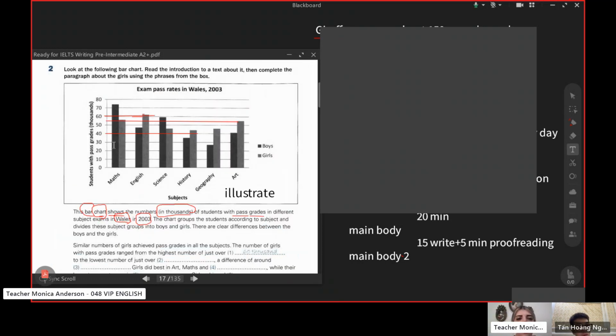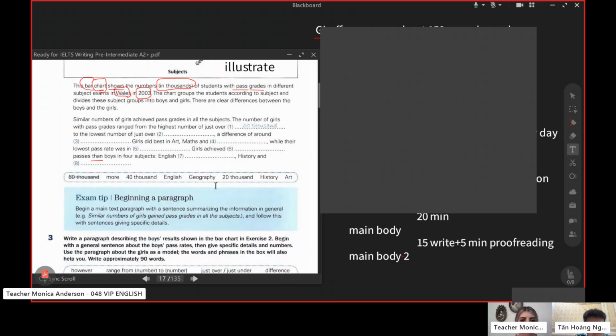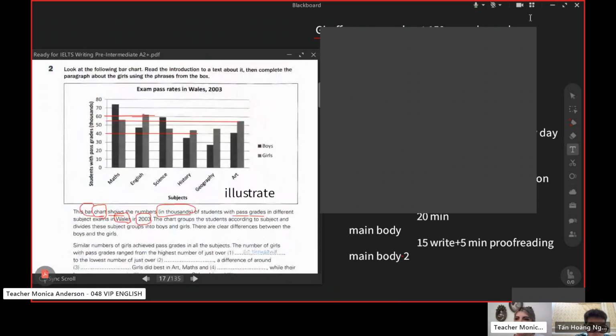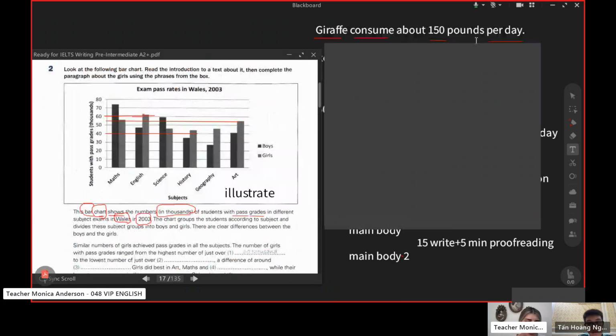As you can see, they are really close. When you consider this column, this column, this column, they're really close. So the same number of girls could get the pass number in each subject, just this. Get it? Well, now let's take a look at this part and try to write.